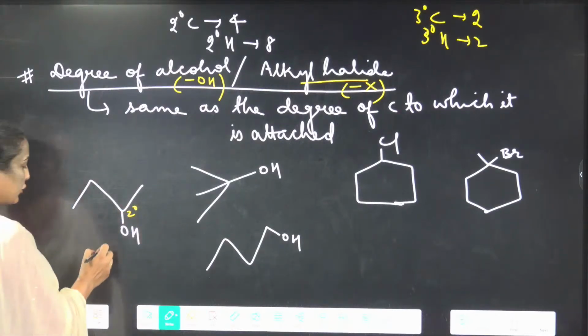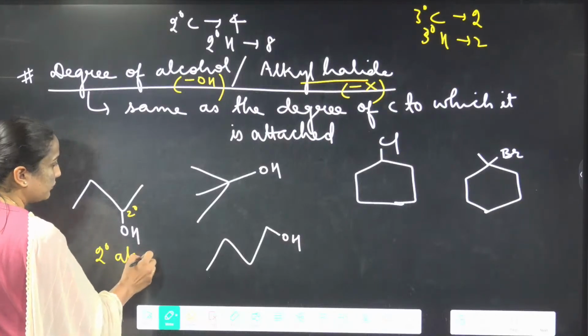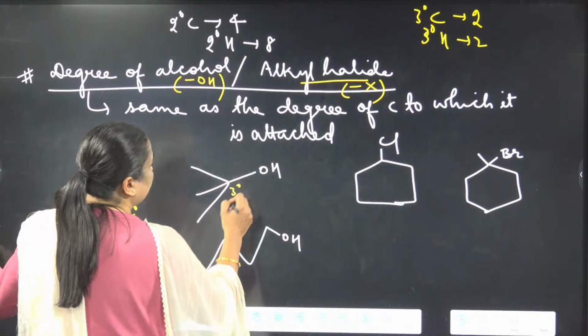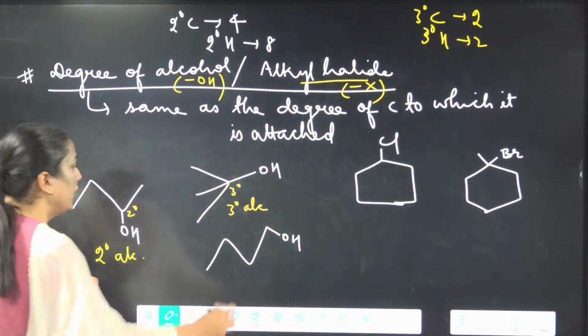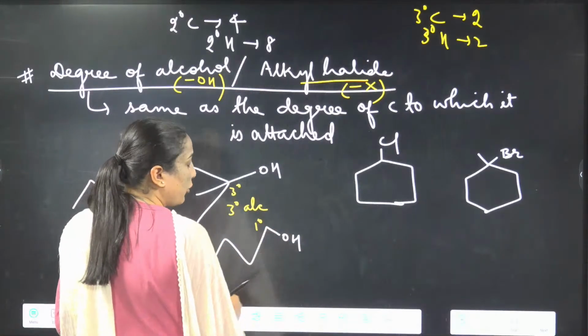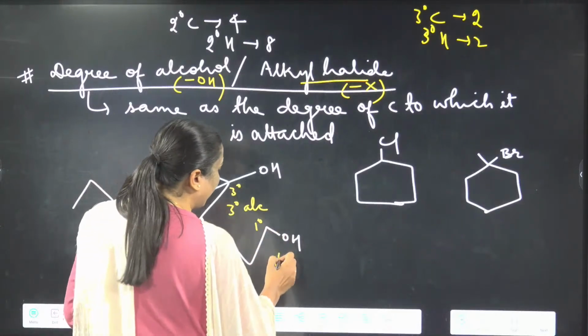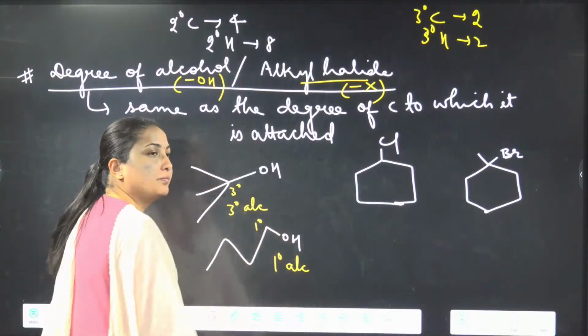To that it is attached, so it is a 2-degree alcohol. This is a 3-degree carbon, so this is going to be a 3-degree alcohol because OH is connected to that. This is a primary carbon. OH is connected to the primary carbon, so we call this a primary alcohol.